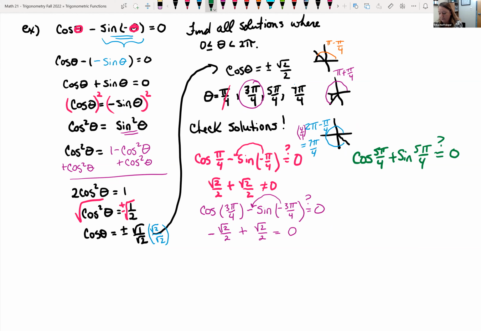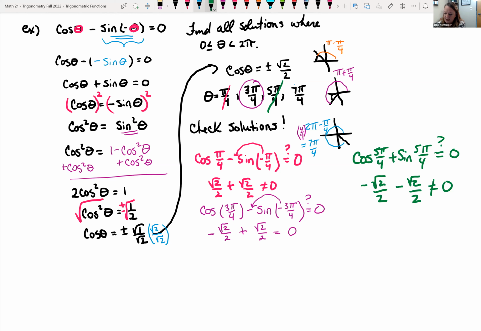So cosine of 5 pi fourths, reference angle pi fourths, so we get root 2 over 2, but we're in the third quadrant, so this is negative root 2 over 2. Sine of 5 pi fourths is like sine of pi fourths, which is root 2 over 2. We're in the third quadrant, and sine is negative, so this would be minus root 2 over 2. You can see that that does not equal 0, so 5 pi fourths is not part of the solution.